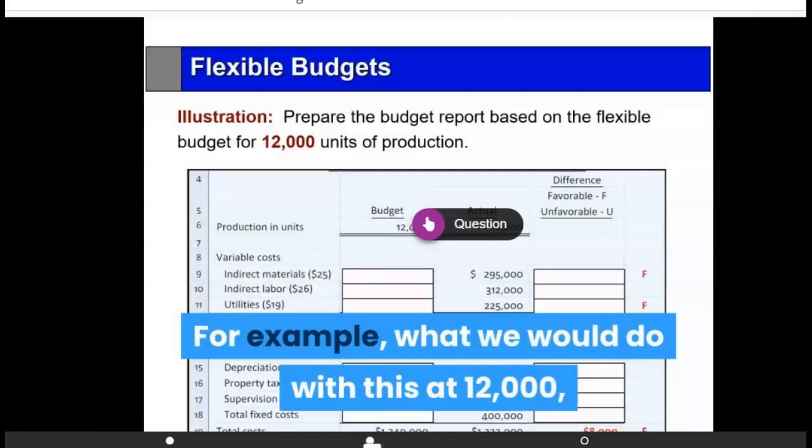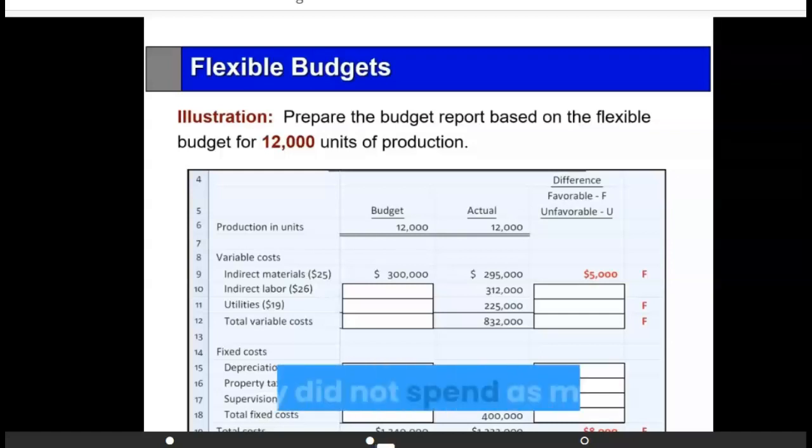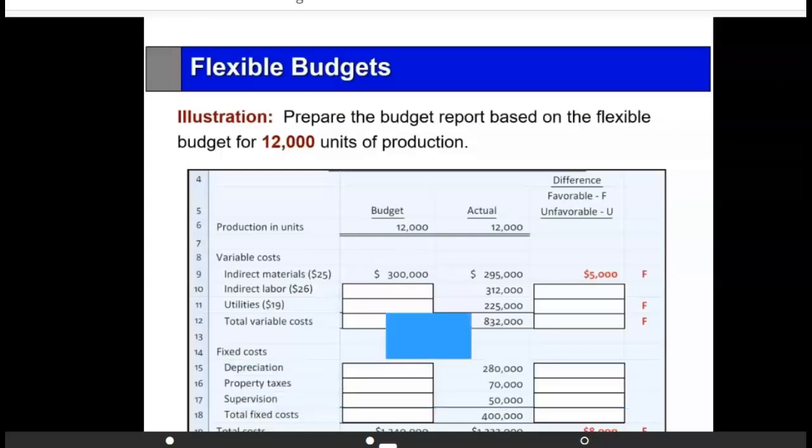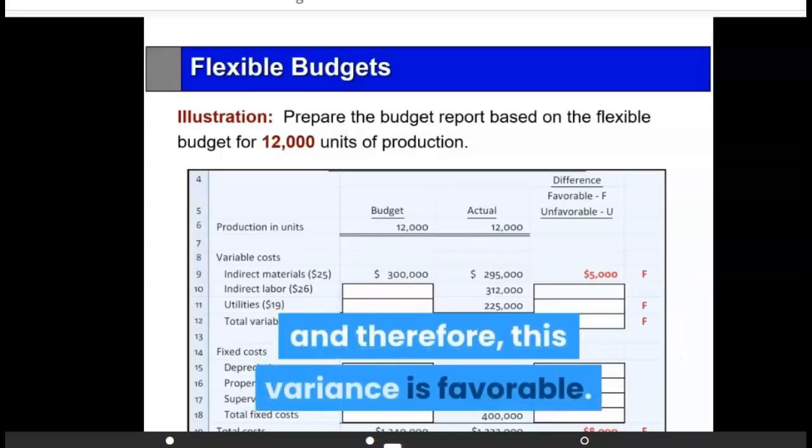what we would do with this at 12,000, the budget you see was 295. I'm sorry, the new budget was 300. The actual was 295. Therefore, they did not spend as much as we thought they should have at that activity level, and therefore this variance is favorable.